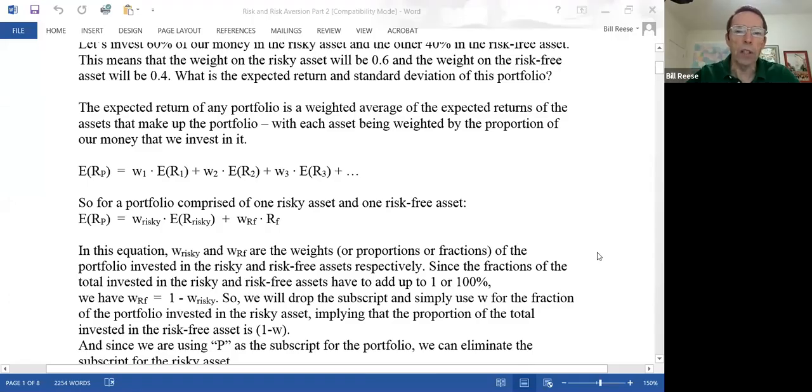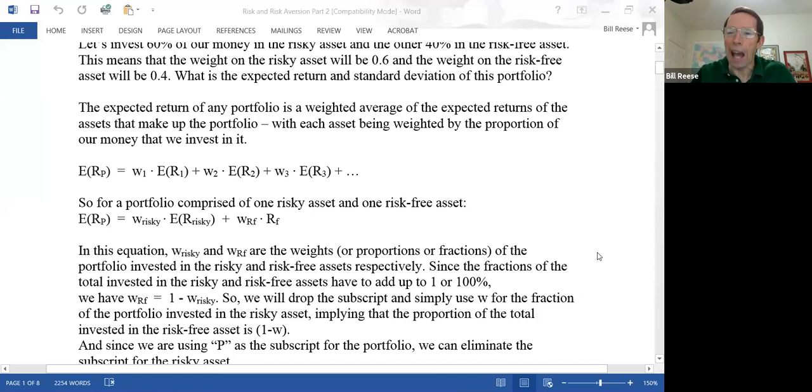So let me bring out these notes for us to look at together. What we see first of all is the generic formula for the expected return on a portfolio. The expected return on a portfolio is really easy.